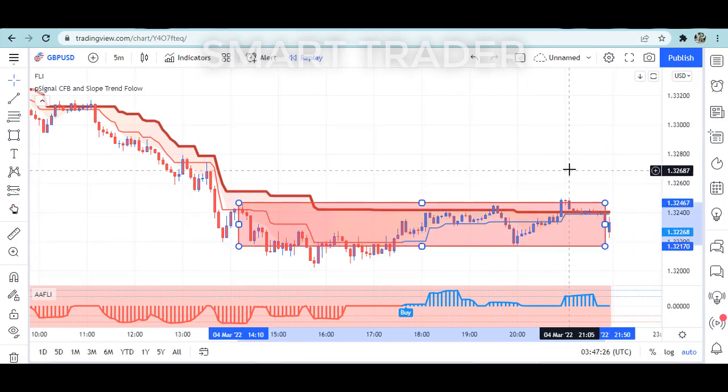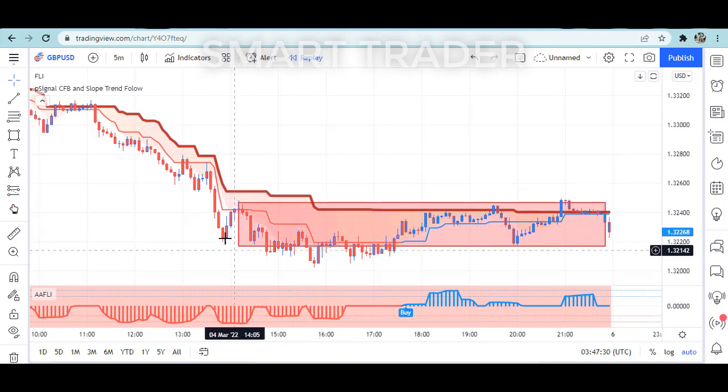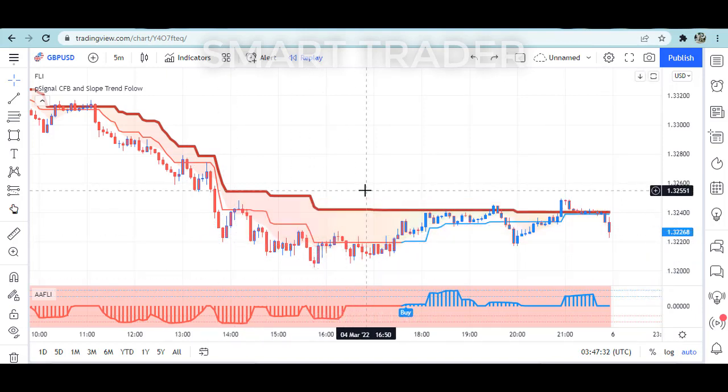So please don't sell when you see a divergence.